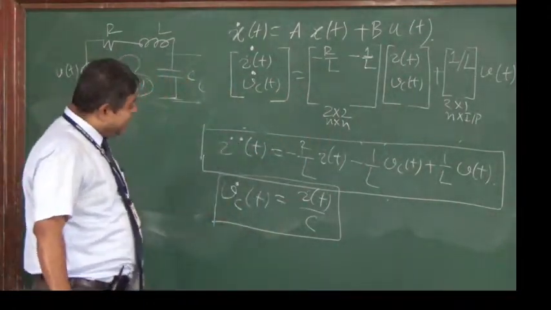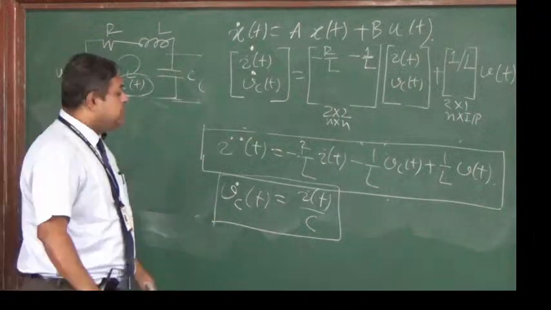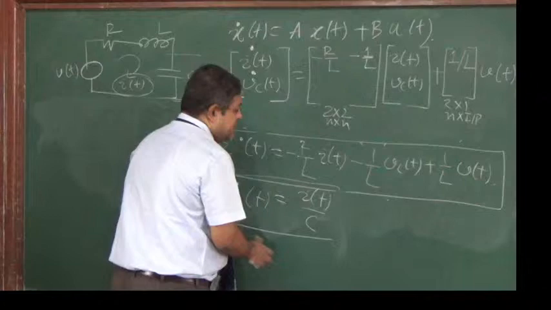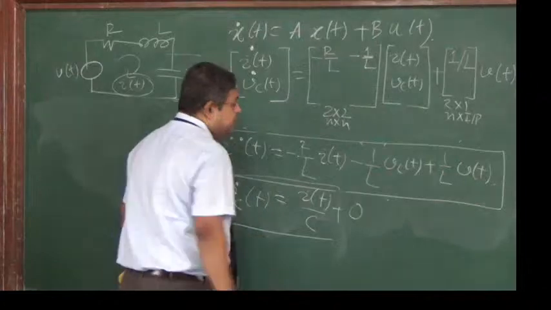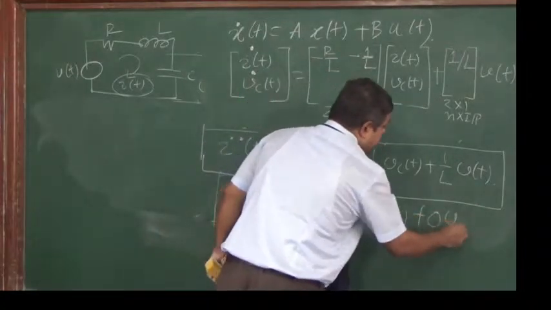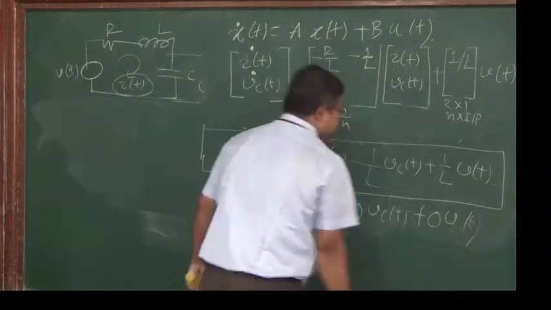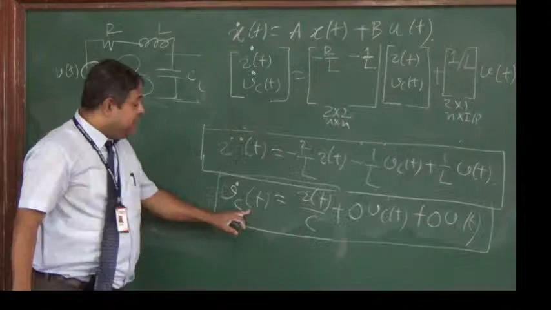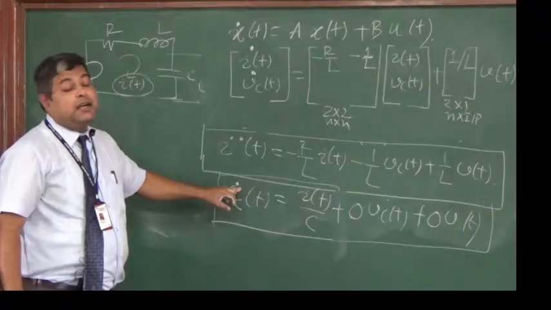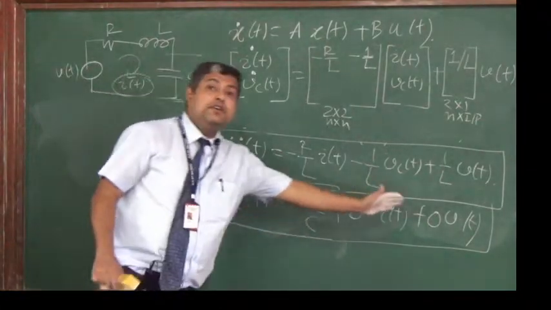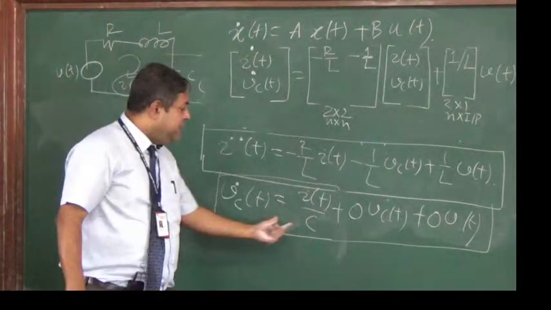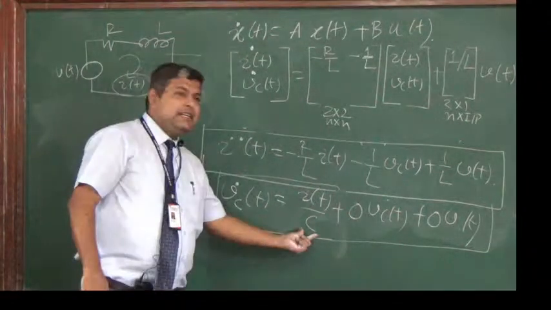Second equation, v_c dot t is equal to i(t) by C plus I can write 0 of v_c(t) plus 0 of v(t). These terms were not there, I am just adding them because the state variable dot has to be represented in terms of state variables and input. So the equation is only i(t) by C. How much of v_c(t) is there?